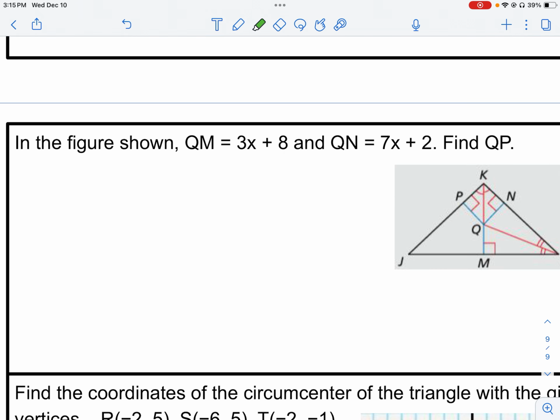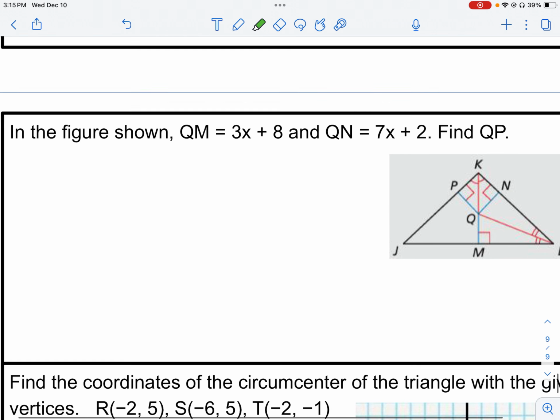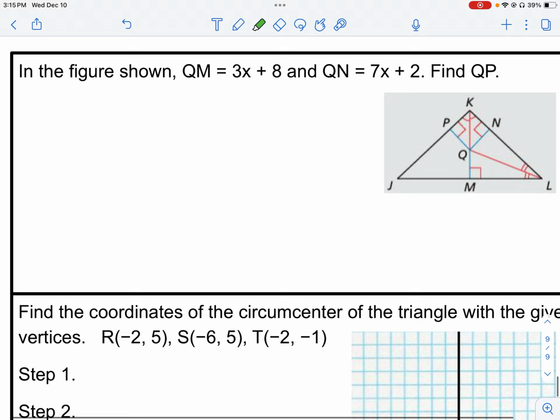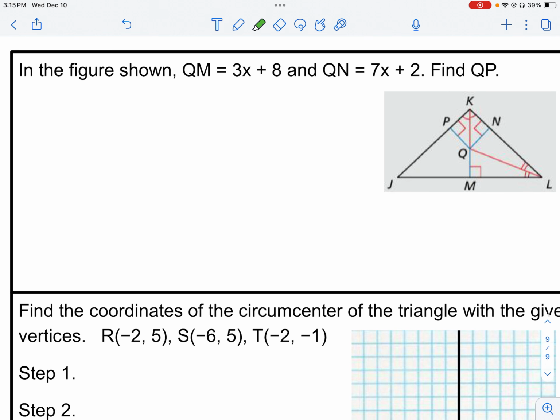All right, another one to check your understanding on. So pause the video, solve for QP, start it up, and we'll see how you did.